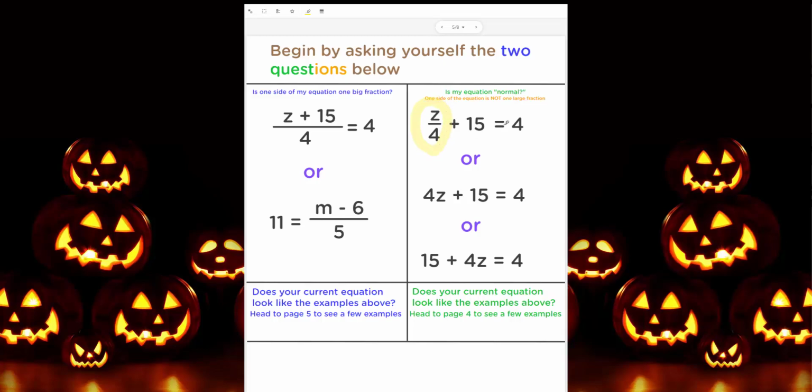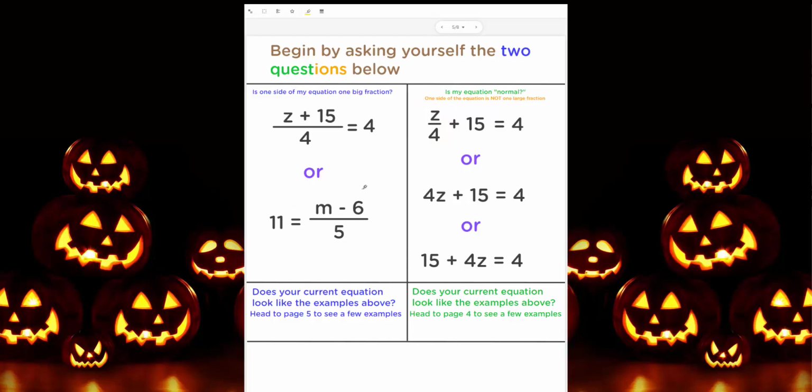On the left side here, we do have a fraction, but the entire side of the equal sign is not a fraction. Same thing over here. These work a little bit different from these guys right here.